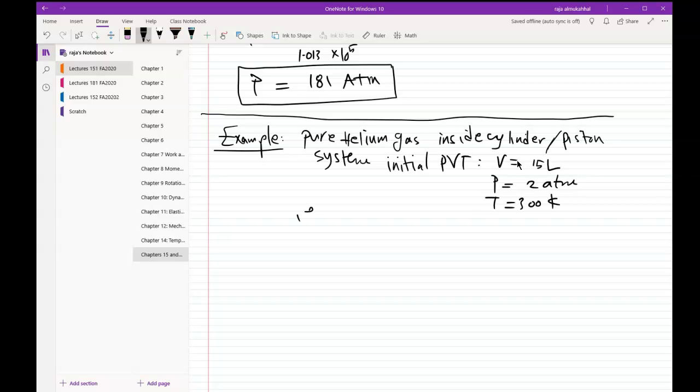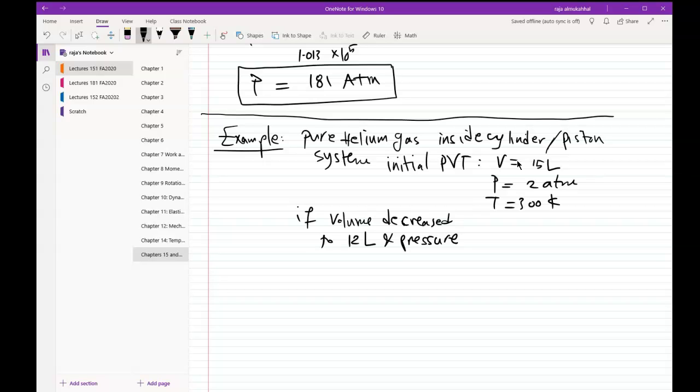Now it says the volume is decreased to 12 liters. So what will happen when you decrease the volume? The pressure will go up. Make sense? Because you're pressing it.